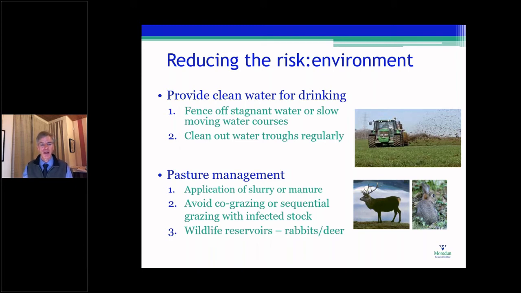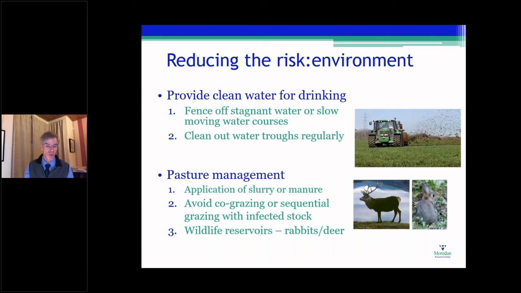In terms of pasture management, we suggest that composting your slurry or manure is a really good idea before you put it out onto fields, because the heat within that composting process does reduce the number of bacteria in the manure or slurry.